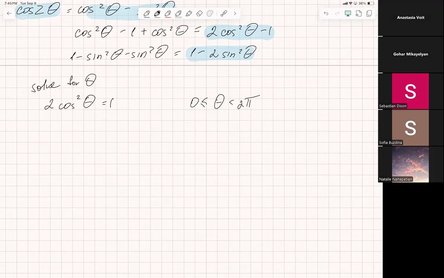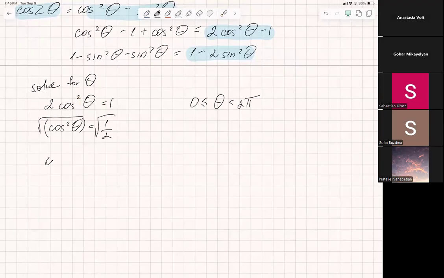So I'll start moving things away from my cosine to essentially, by the end, isolate my theta, right? So I have cosine squared theta equals 1 over 2, and I will square root both sides.